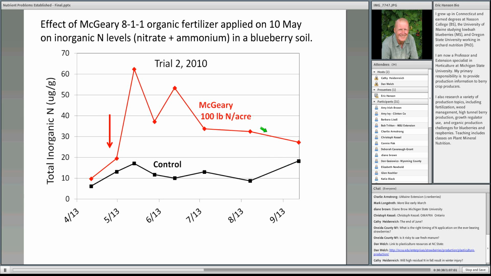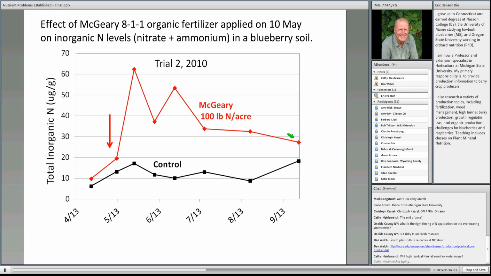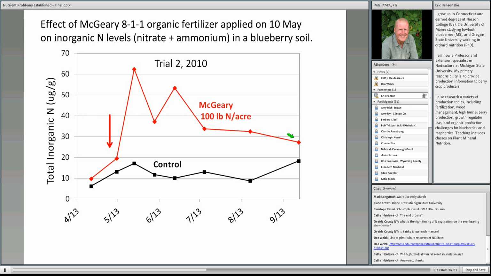So this presents a bit of a concern about how you fertilize organic blueberries without elevating levels of available nitrogen late in the season, when we would like those plants to be slowing down and getting ready for winter. And we've seen in two of these trials an increase in the level of bud damage during the winter because, I think, of these elevated levels of available nitrogen later in the season.